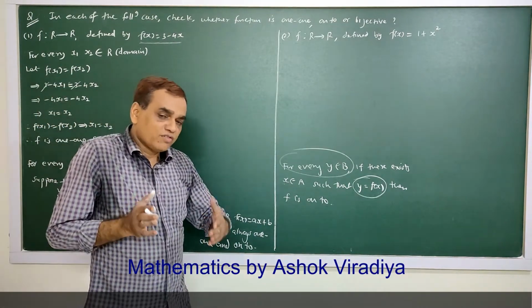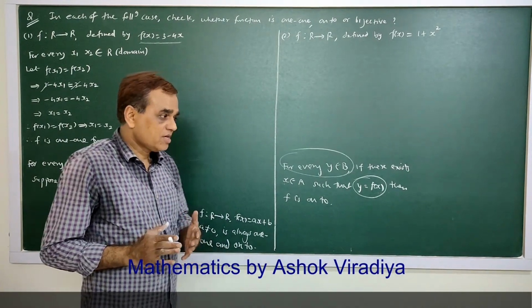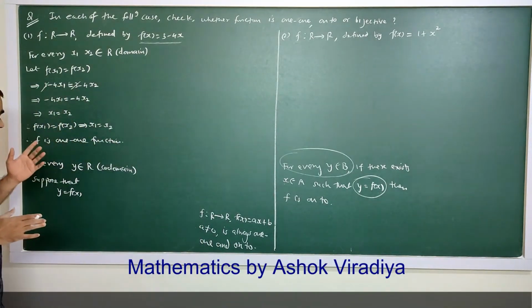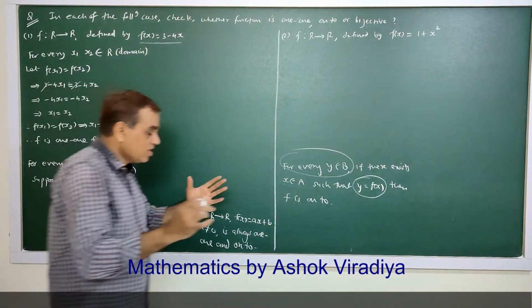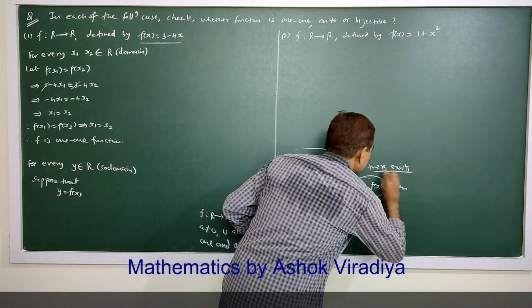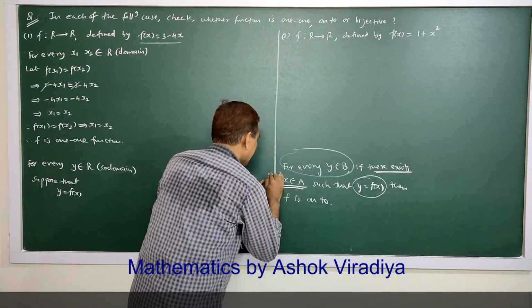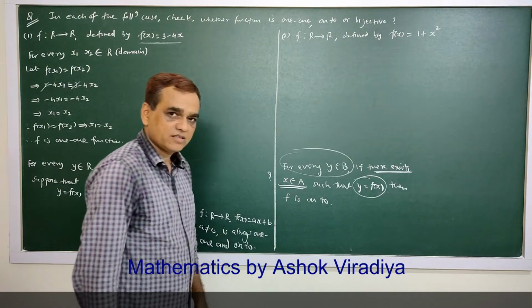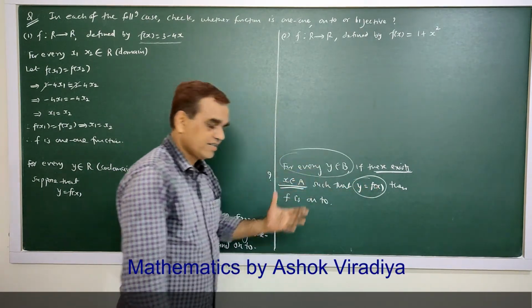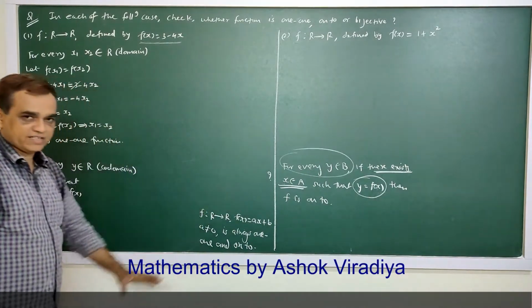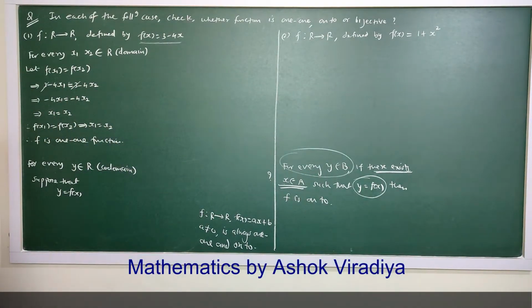Here first of all we shall suppose that y is the image of x under f, and what we want to derive is the existence of x in A. If x exists in A, then these words are satisfied. So let me check the existence of x in A.